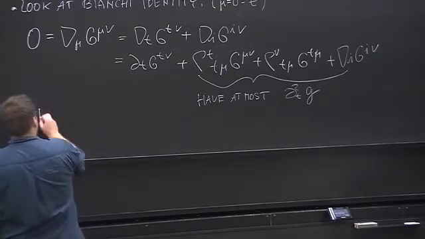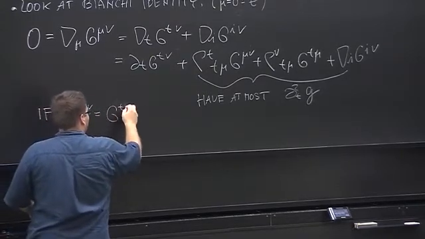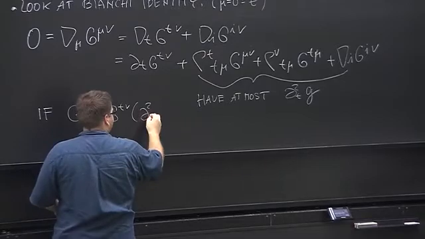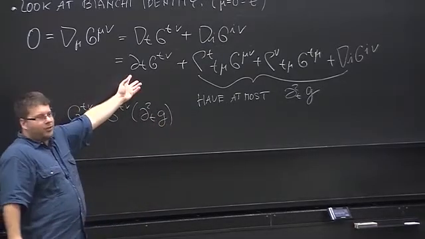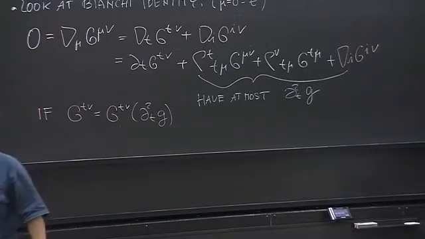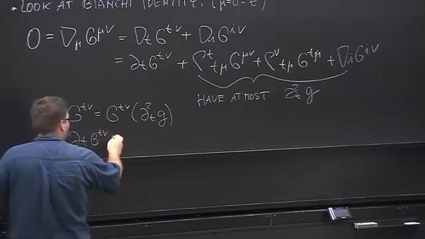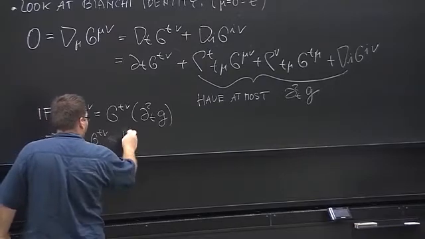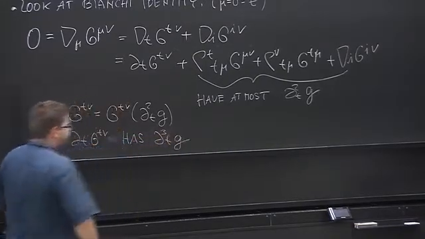So now if G t nu were such that it already did depend on two derivatives of the metric, then the first term is differentiating once more. So that would produce three derivatives of the metric. So then d_t G t nu actually has three derivatives of the metric.